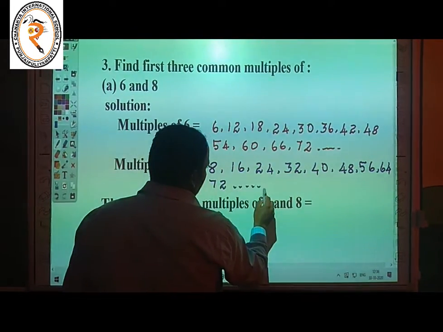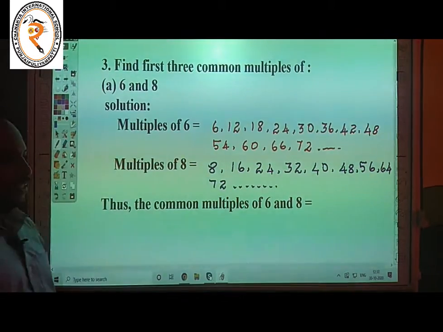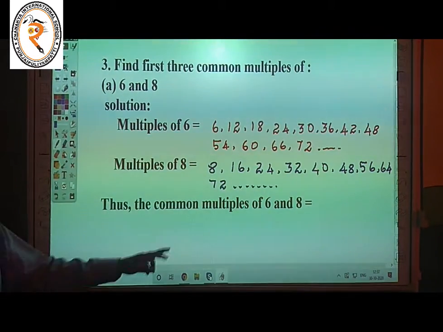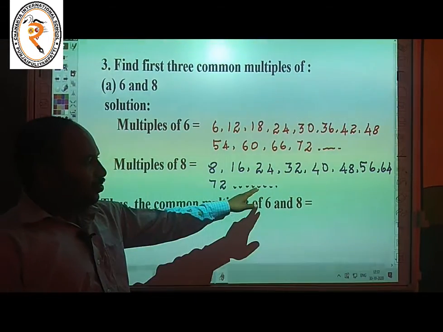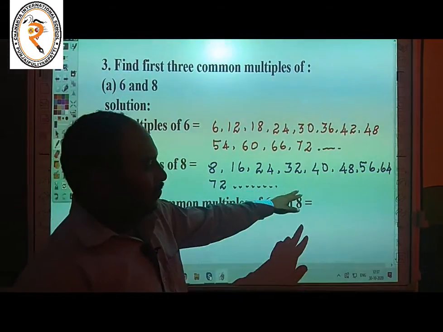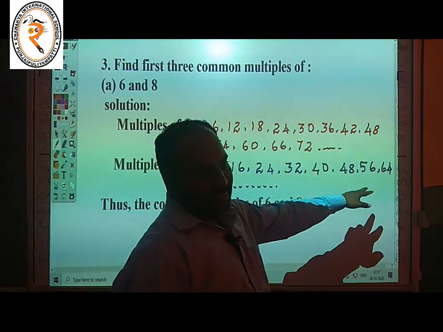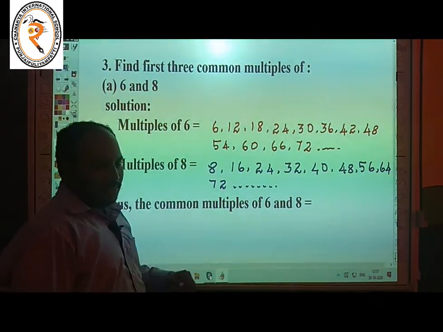Then etc. The multiples of 8: 8, 16, 24, 32, 40, 48, 56, 64 and 72.